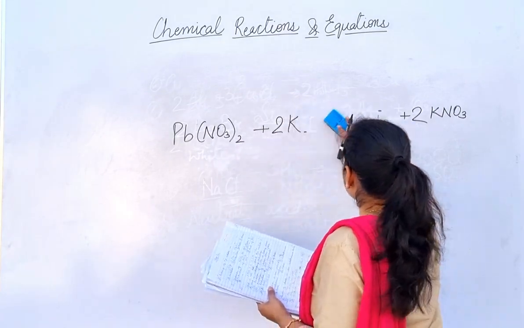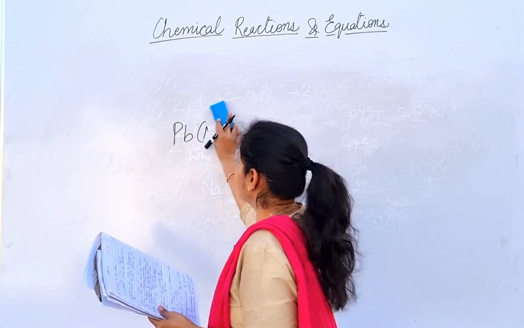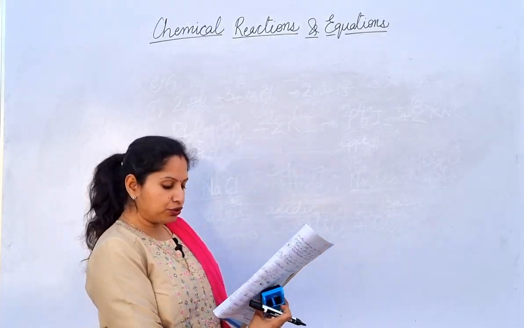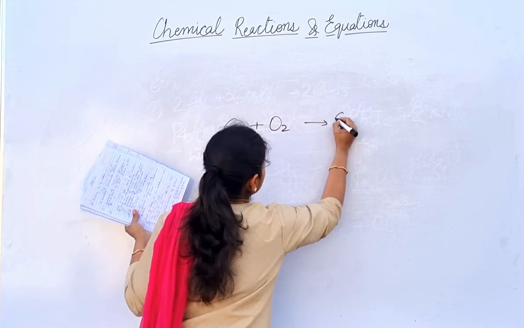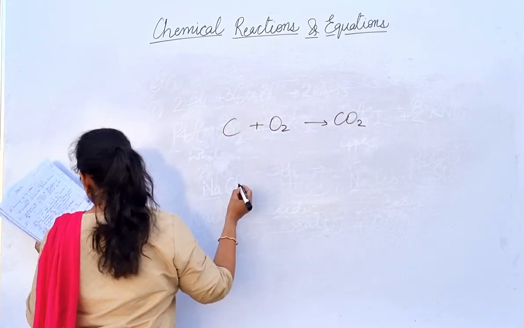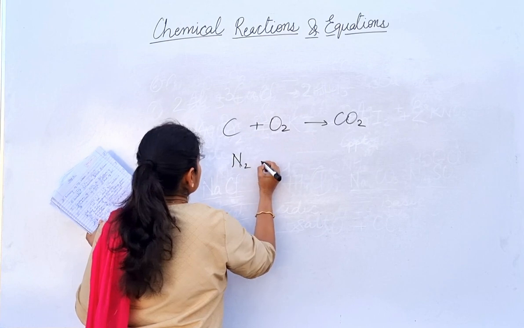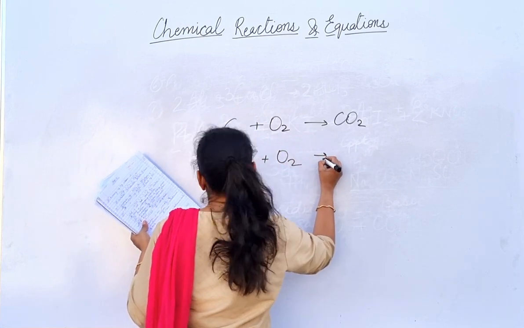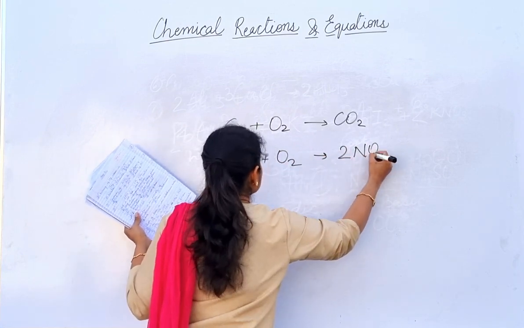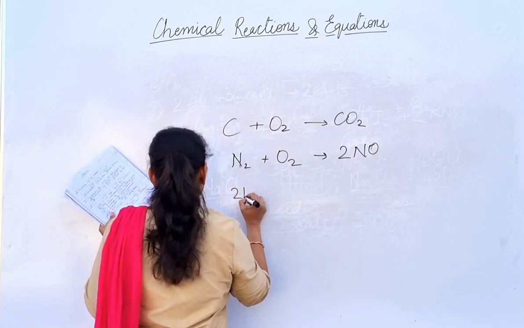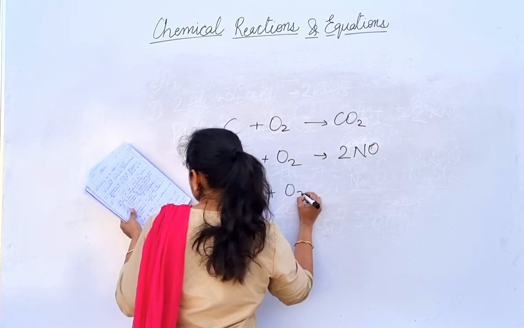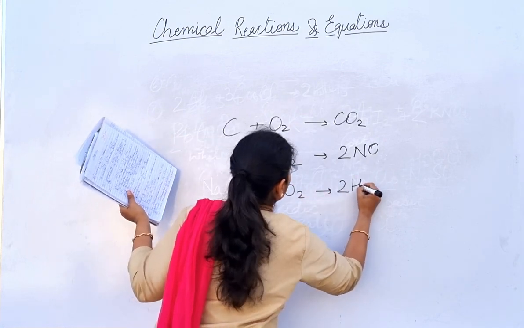Okay, I'll be writing 4 reactions on the board and you have to tell me which one is an endothermic reaction. Carbon combines with oxygen to form carbon dioxide. Nitrogen combines with oxygen to form nitrogen oxides, nitrous oxide it's known as. Hydrogen combines with oxygen to form water.